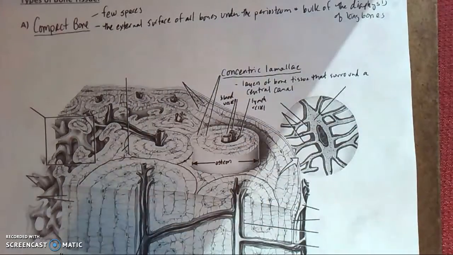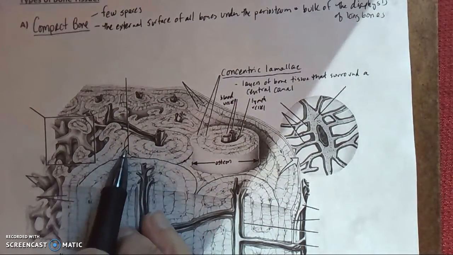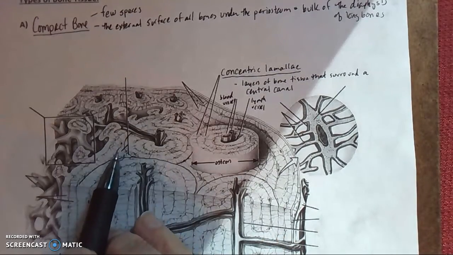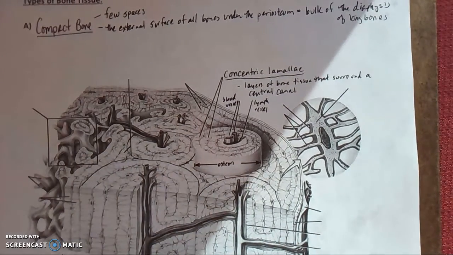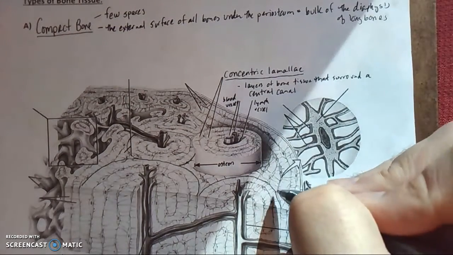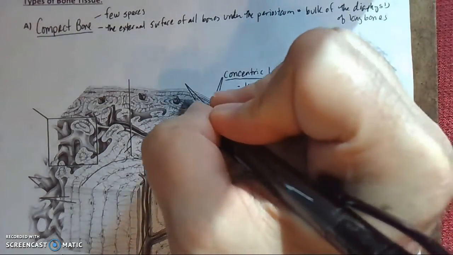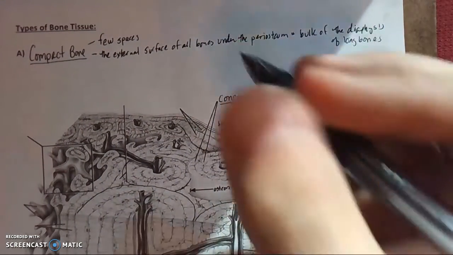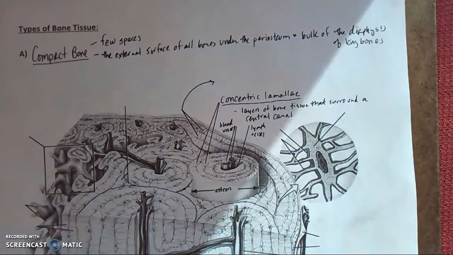And if you look in between these osteons, like here and here, we have bone tissue that occupies that space. We also have bone tissue that forms a layer the whole way around the bone. So let's talk about the one here.